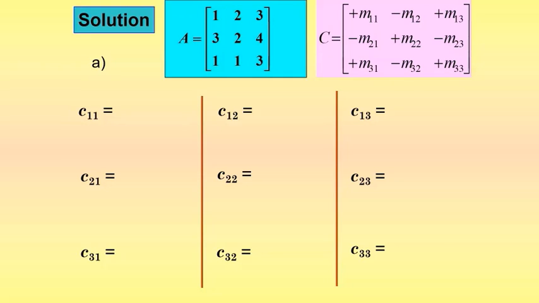The minor, you have to delete the first row and first column, then proceed with the determinant of that one. Okay, this is the matrix. Okay, this is the sign. The sign is positive. Then from the matrix A, by deleting the first row and the first column, the remainder of the matrix is 2, 4, 1, 3, and then find the determinant of that remaining.